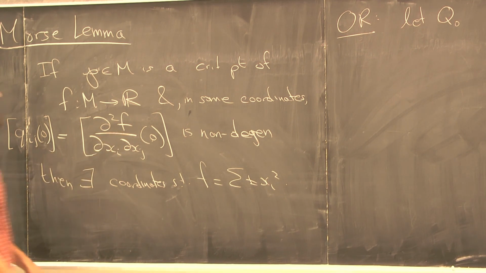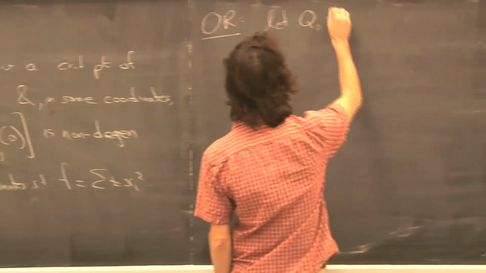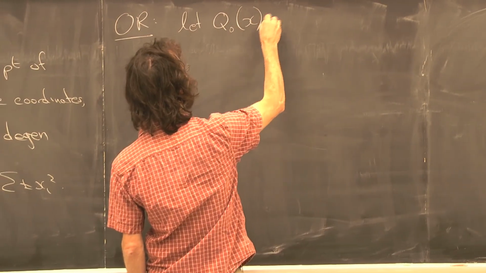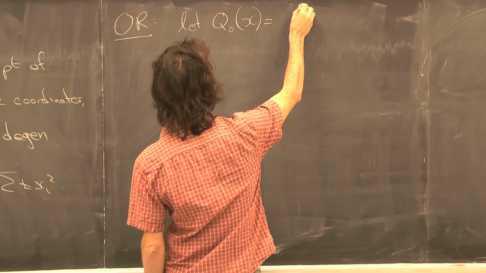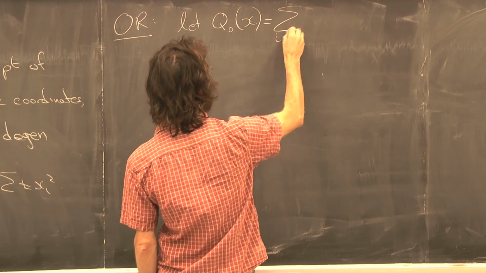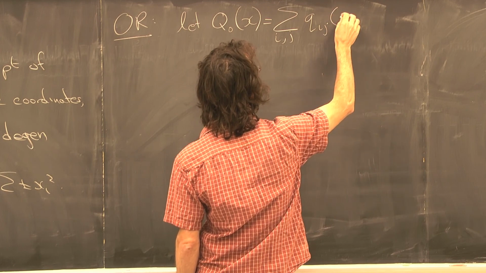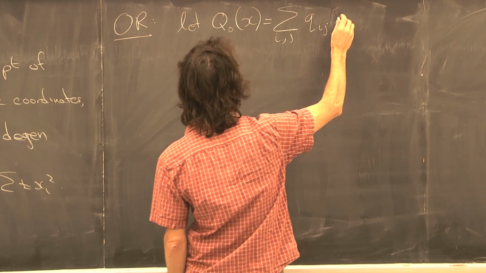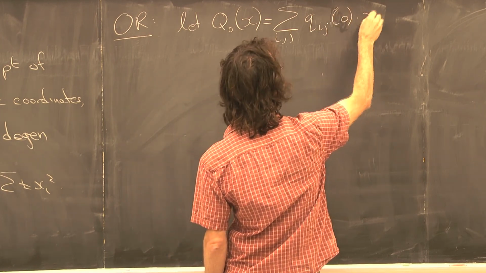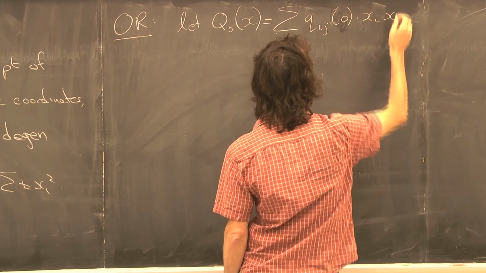Okay. So I'm going to define a function q sub 0 of x, which is the sum over all ij of q sub ij at 0 times x_i x_j.